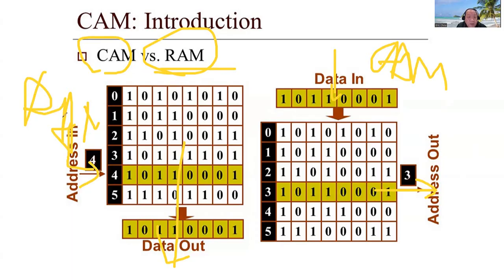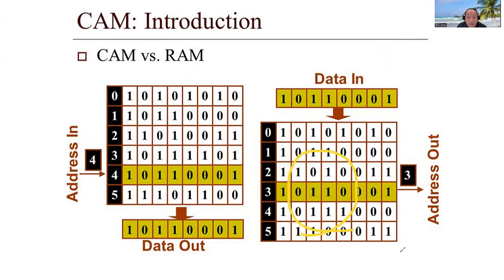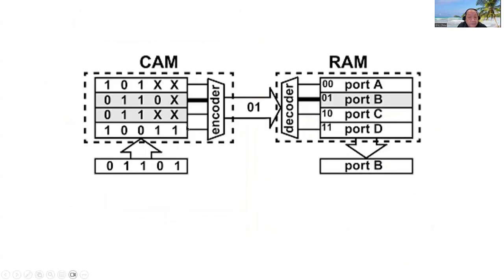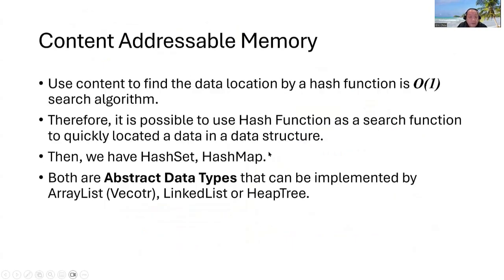Random access memory means you give an address and it gives you the data. Content addressable memory means you give the data and it gives you the address. So content addressable memory is a hash function. Whatever, we don't want to overemphasize this part.